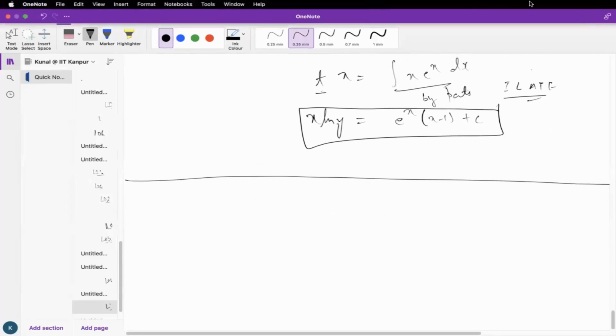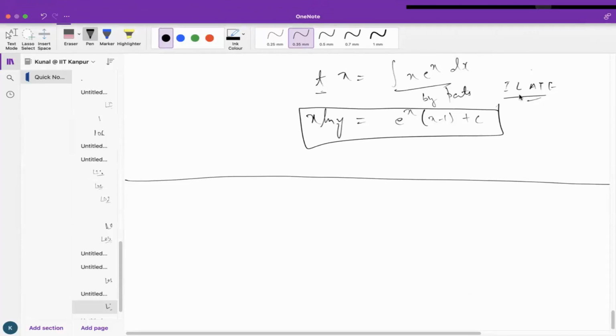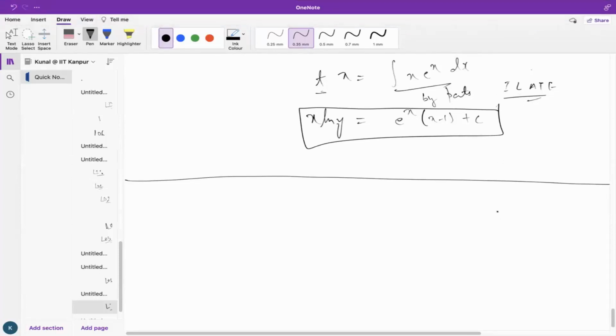Some more linear differential equations, some more exact differential equations, which is actually, I think हमने 6 लिख रखा था, so it will be 7.